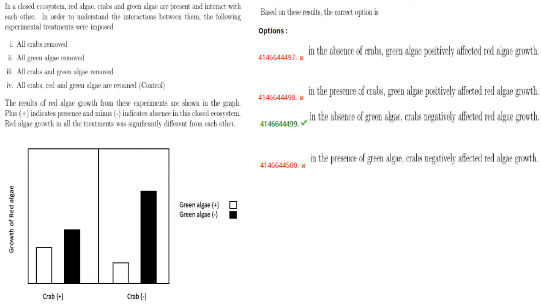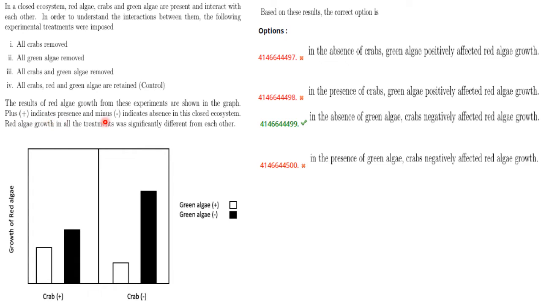In a closed ecosystem, red algae, crabs, and green algae are present and interact with each other. In order to understand the interaction between them, the following experimental treatments were imposed: all crabs removed, all green algae removed, all crabs and green algae removed, and all crabs, red and green algae retained. The results of red algae growth from these experiments are shown in the graph.